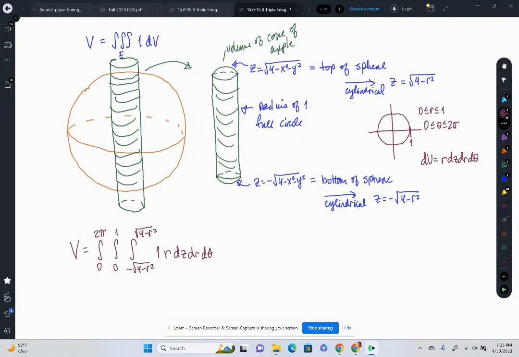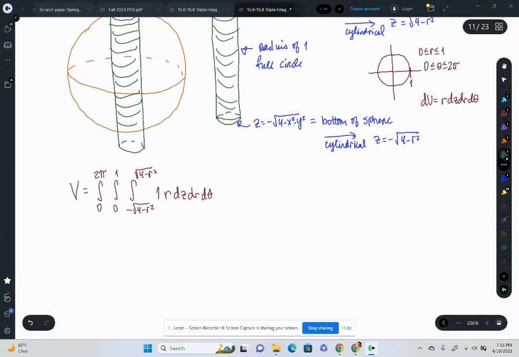Okay, that's not too bad. First things first, we would go ahead and take the integral with respect to z. We could call that a. Then we would deal with the middle one. That'll be b. And then we can deal with the last one. That'll be c for theta.